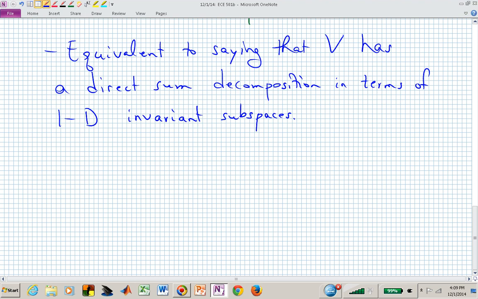Each eigenvector spans these one-dimensional invariant subspaces. That's what an eigenvector is.